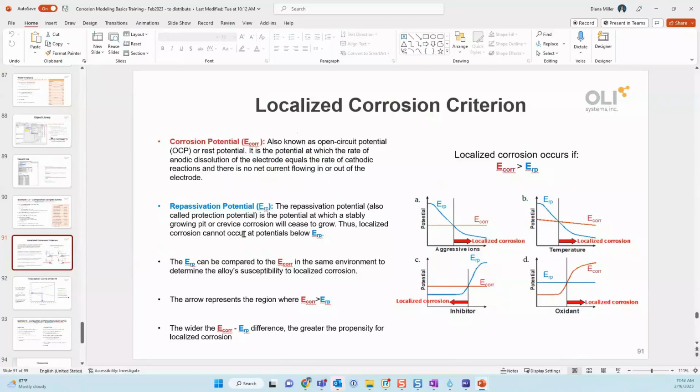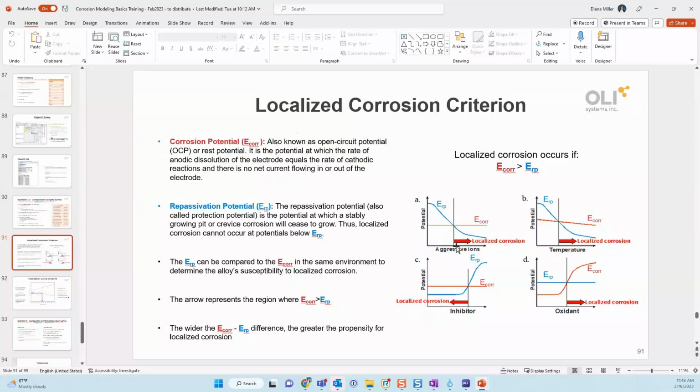This is a summary of what I was talking about before, in case you forget what the criterion is that the software uses to tell you if we will have localized corrosion or not. This is the criterion. In these plots, what we're trying to show is that the repassivation potential will be affected by certain species or temperature, for example.